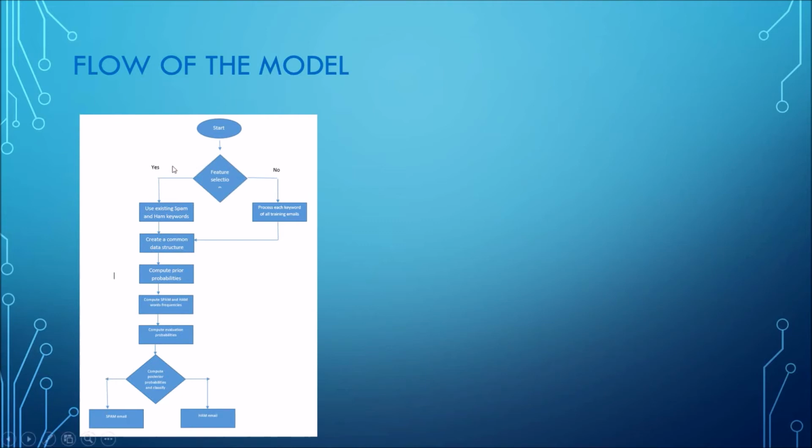In this flow, we are using the existing spam and ham keywords. Using these two lists, we generate a common data structure of spam and ham keywords. That common data structure consists of the unique words, and each word is associated with a parameter which says if it is a spam word or a ham word. And now we compute the prior probabilities.